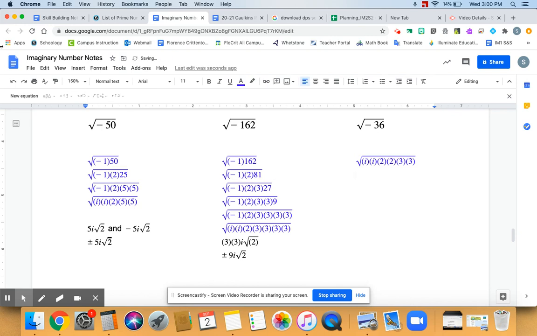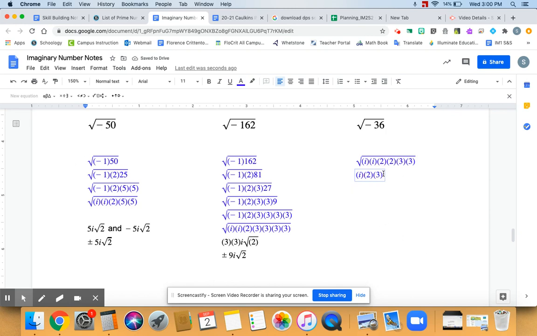So if it's under there twice, it can come out front. So here's 2 i's that can come out front. Here's 2 2's that can come out front once. There's 2 3's that I can combine and come out front once.